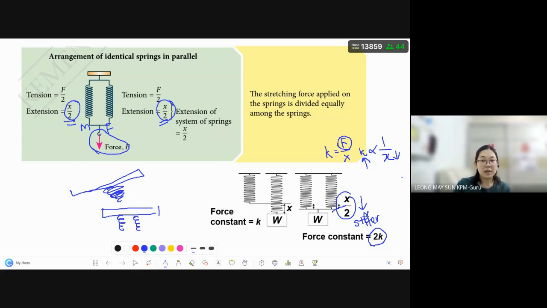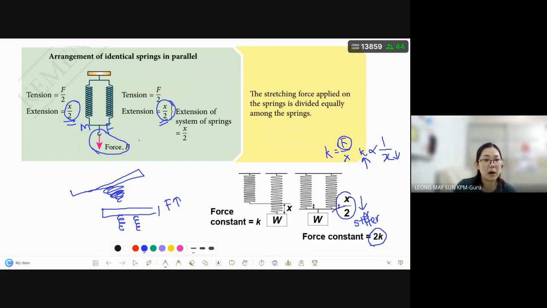The main reason is to make it stiffer. Why? Because when it's stiffer, you need more force in order for it to compress. So it can withstand more weight of the kids. Obviously, they will write a maximum weight over there. Okay? So this is the arrangement of identical springs in parallel.